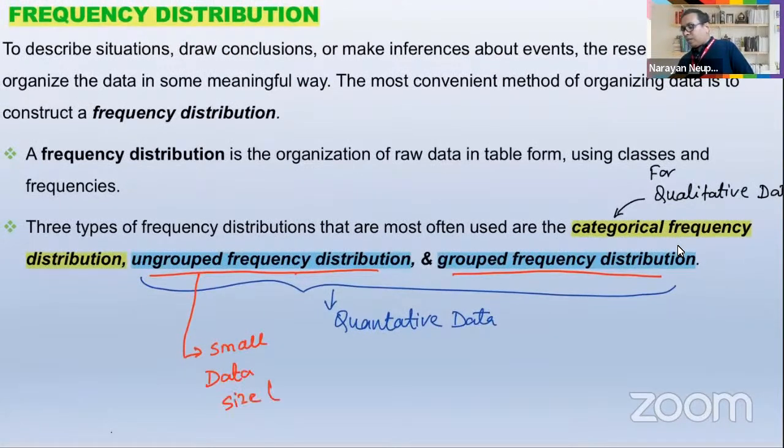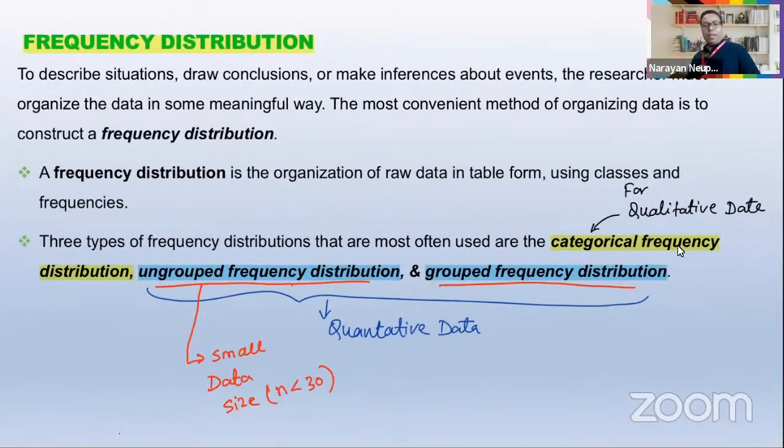When I say small, the size should be less than 30. If the data size is 30 or less, we use the ungrouped frequency distribution. But if the data size is more than that, we use the grouped frequency distribution. So this is for large data size, where n is greater than or equal to 30.